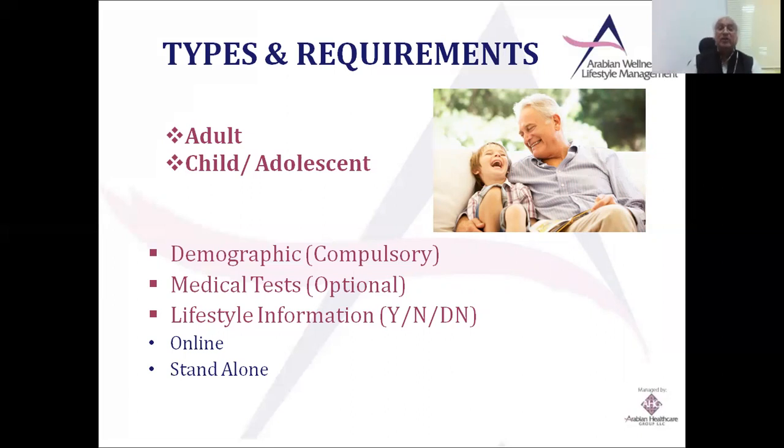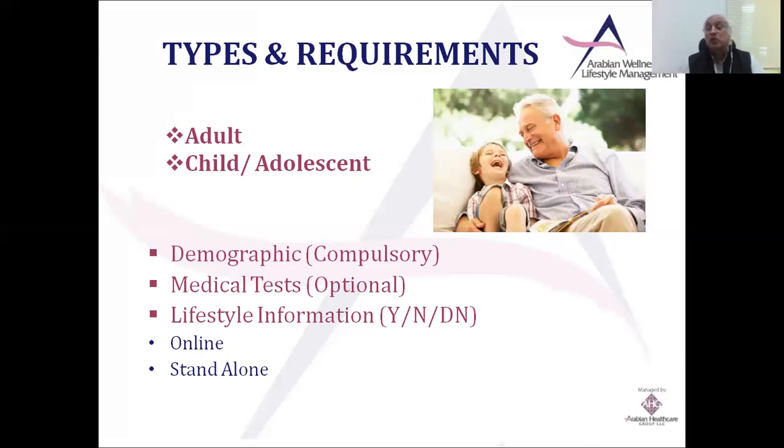It naturally requires some compulsory bits of information. While your name is important to you for reasons of security and privacy, it may not always be necessary for you to enter your name, but we would definitely need your lifestyle information, your height, your weight, your gender.